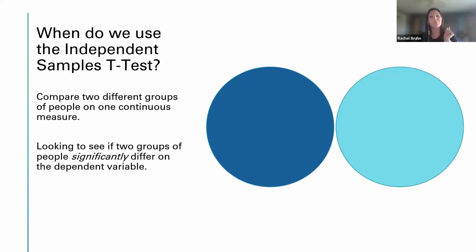If you have more than two groups, this is not the right test. There is a right test, but it's not this one. For the independent samples t-test, that is two different groups of people, and we're just looking to compare them on some continuous measure, meaning numerical. We're looking to see if their numbers differ on that value.